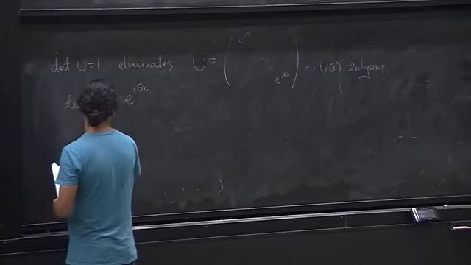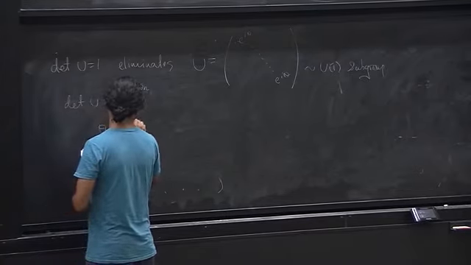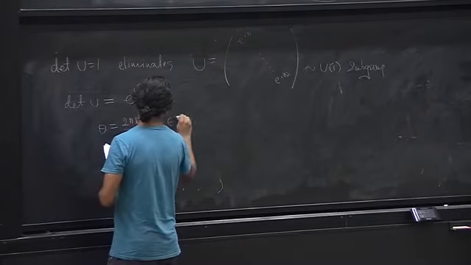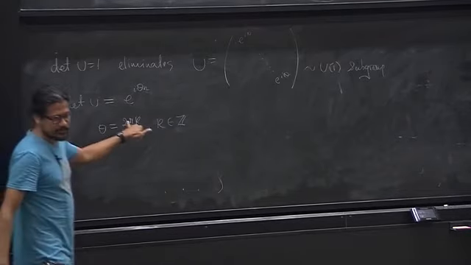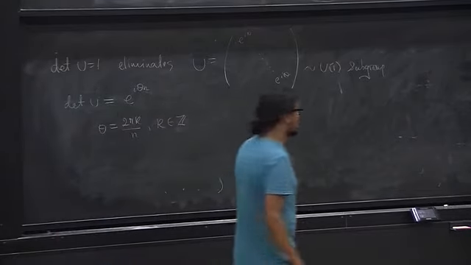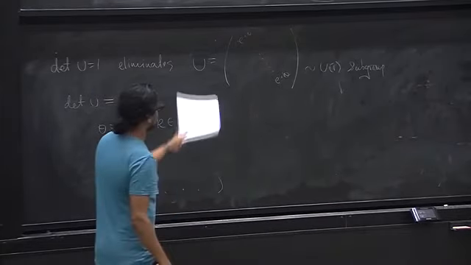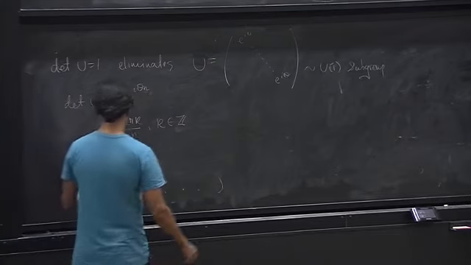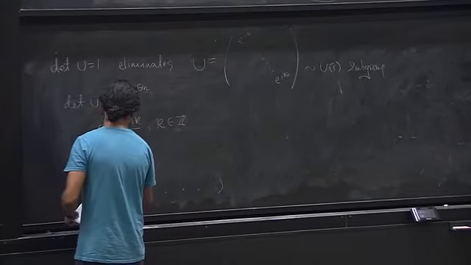But if theta is 2 pi k over n, where k is some integer, then the determinant of U is 1. So this condition eliminates the U1 subgroup, but it doesn't eliminate the cyclic groups.